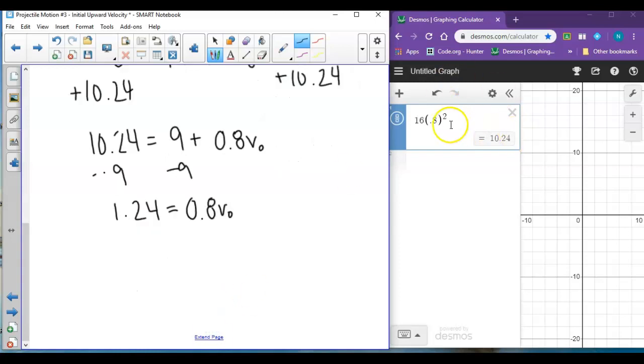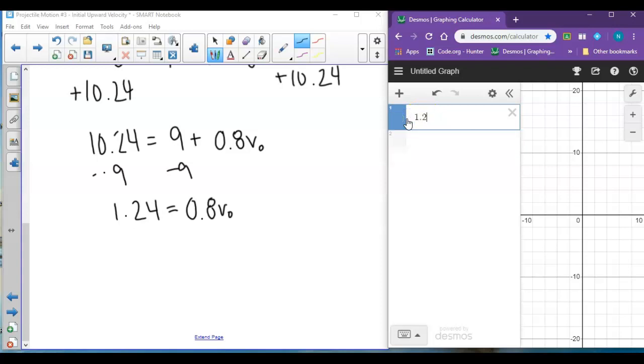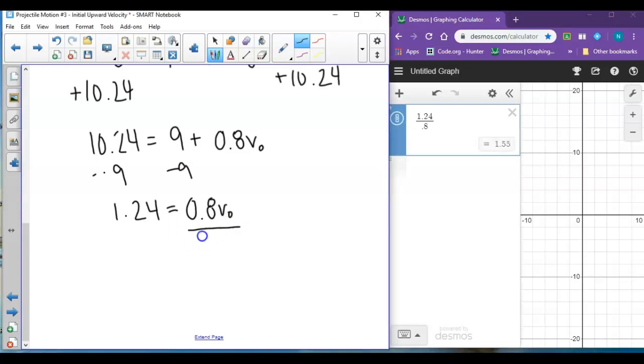And if I do 1.24 divided by 0.8, I'm going to get 1.55. So I'm dividing both sides here by 0.8. And that gives me 1.55 is my v sub 0.